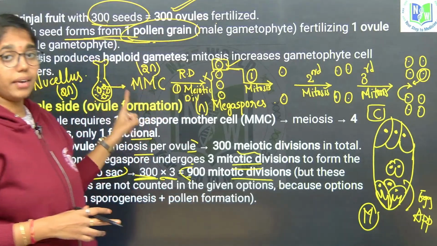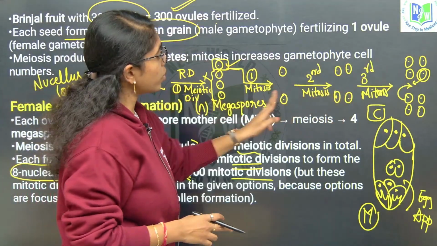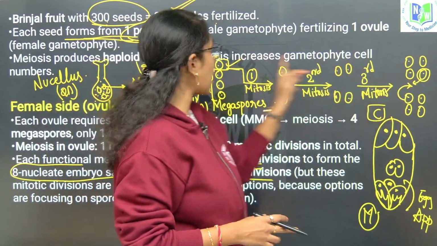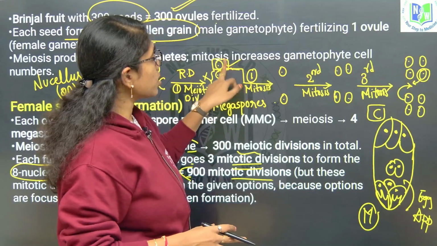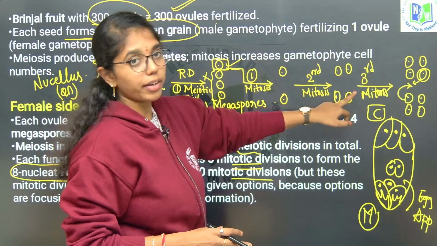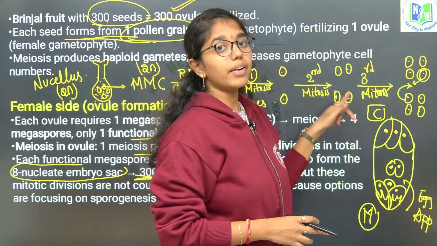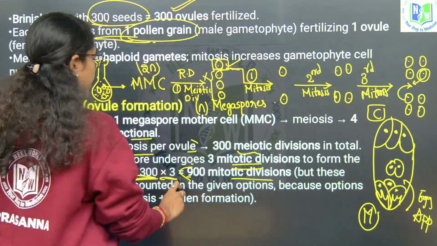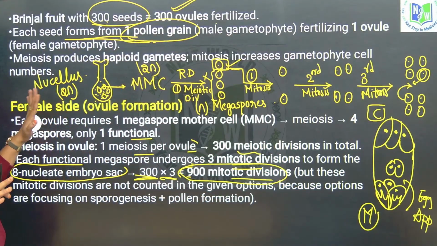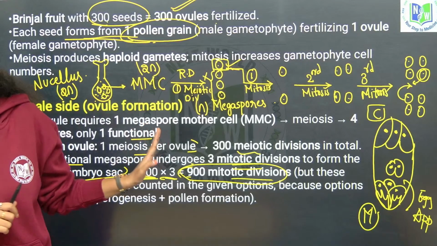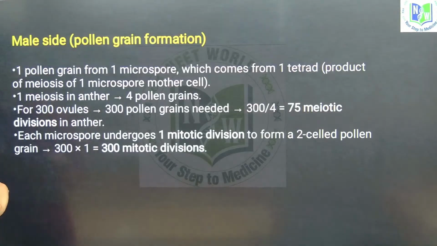So 300 meiotic divisions are taking place, and 300 into 3, because 3 mitotic divisions happen for 1 functional haploid megaspore, so 900 mitotic divisions. Till here it is clear to you, beta, the female side or ovule formation? Now next let us look into the pollen grain formation, the male side.